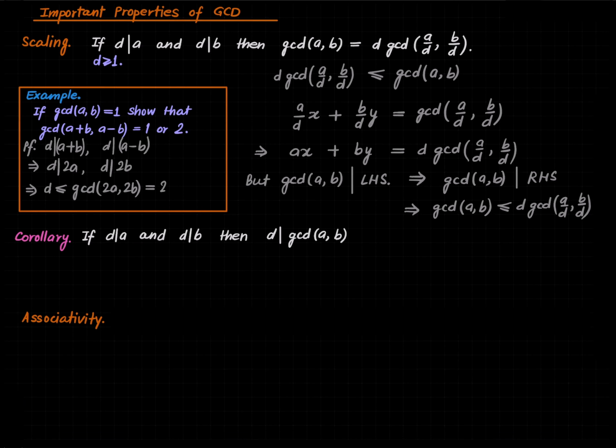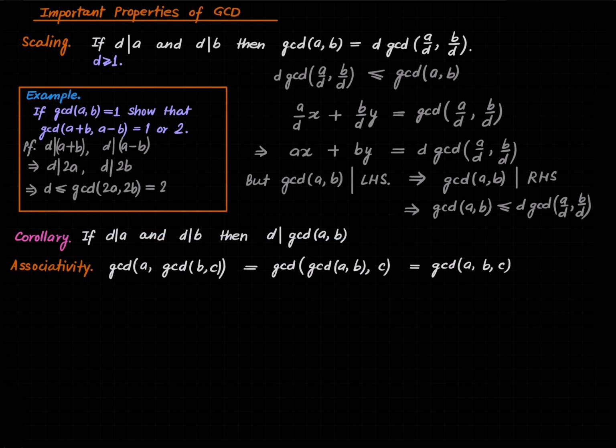So fine, great. Now for what I call the associativity property. Yeah, so we want to show that you can associate the brackets in whatever way you want. You have 3 numbers, A, B, and C. Let's say all of them are positive, though they need not be. It's just that no 2 of them are 0, so that you can talk about GCDs.